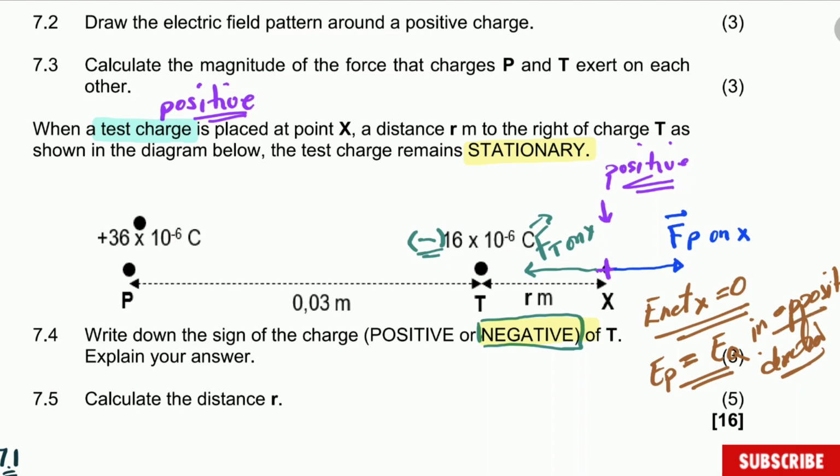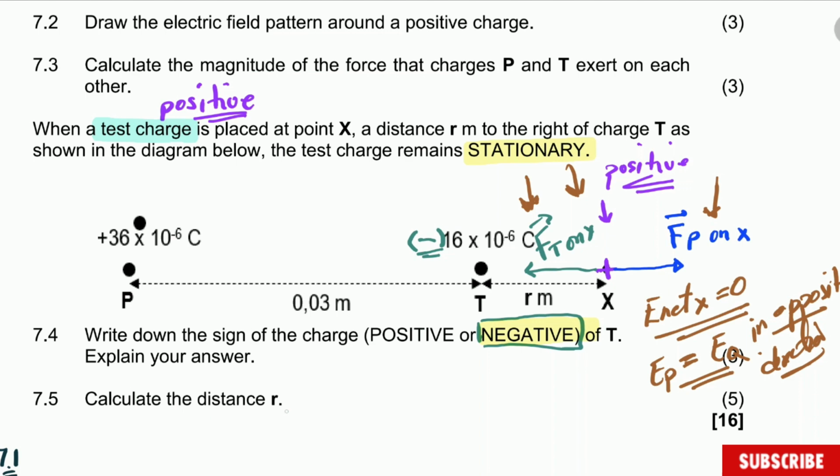So that is what you have to say, which I drew here, and I spoke about forces, but remember we're speaking now about electric field. Okay, so if the electric field from P is to the right, it means that the electric field from T must be to the left. Now remember, once more, I used the forces to explain, but we are in actual fact speaking about electric field.